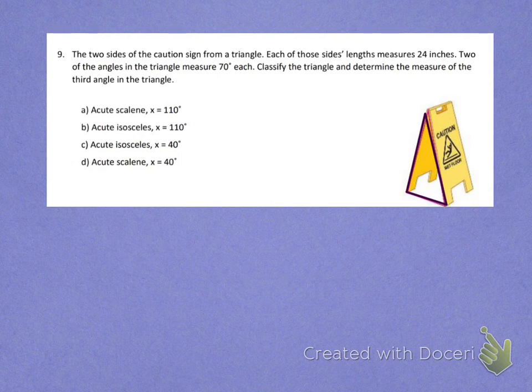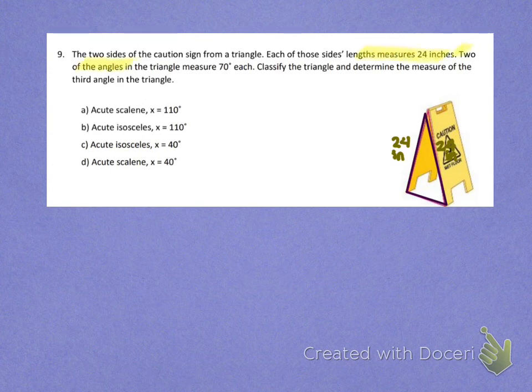So let's label that. It says this side is 24 inches, and it says this side is 24 inches. What does that mean if two sides are equal? What kind of triangle is that? It's an isosceles triangle.